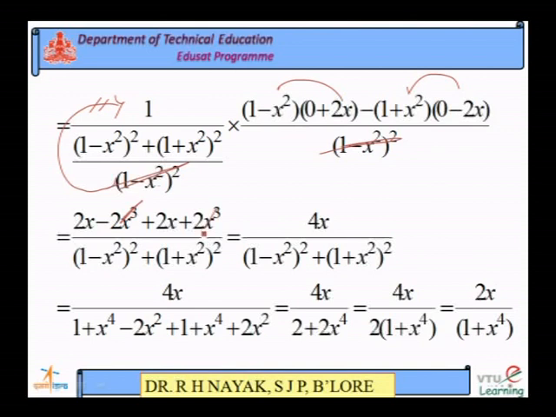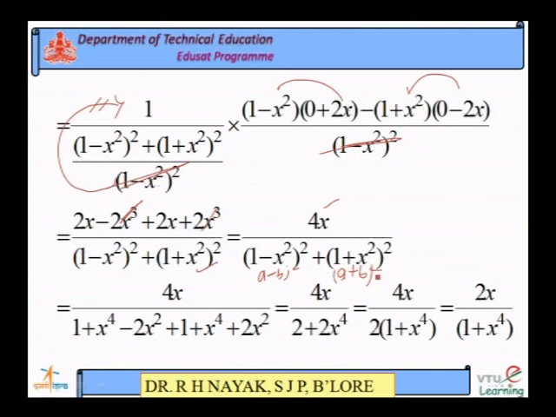In the denominator, this is (1 minus x square) whole square plus (1 plus x square) whole square, taken as it is. 2x plus 2x is 4x, divided by this. Again it is simplified according to (a minus b) whole square and (a plus b) whole square.